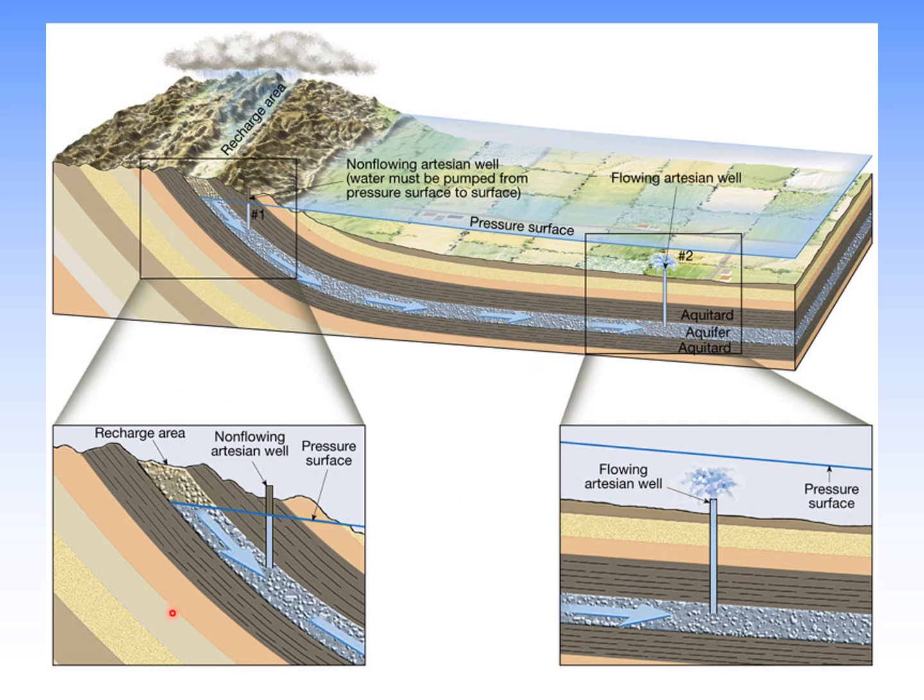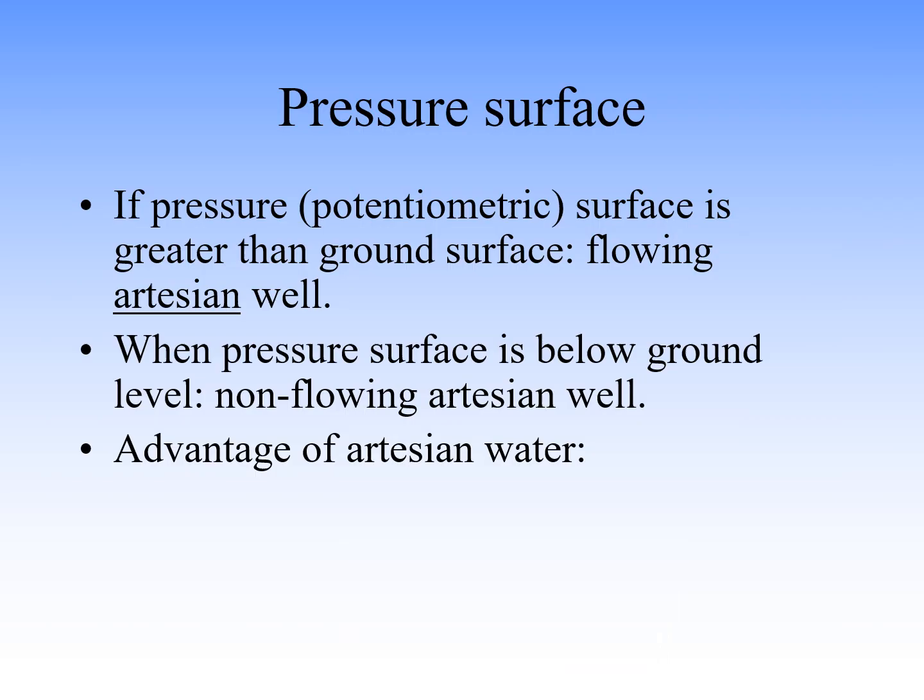So we'll see that here zoomed in. Here's our recharge area. Here's our discharge area. This you would pump. This would flow and you would not. So that pressure surface, I'll explain a little further. If the pressure surface, or the potentiometric surface, is greater than the ground surface, so above the ground surface, like in those pictures we just saw, you get a flowing well. And when it's lower, you have a non-flowing artesian well.